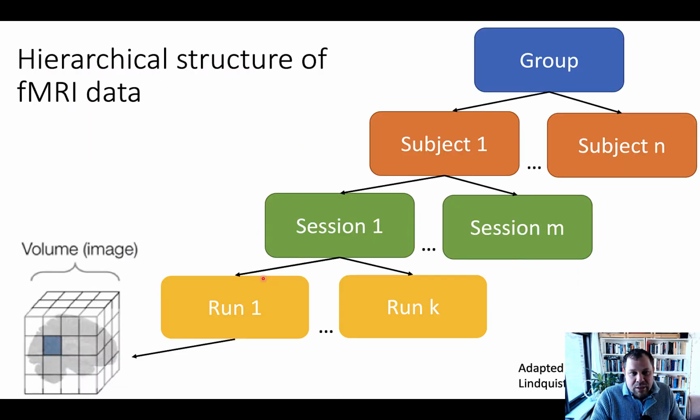Let's reconsider the structure of the fMRI data for a second. So at the basic unit, the data is a voxel, right? So we have a voxel for which we have a time series for the experiment and the changes in the BOLD response throughout the different stages of the experiment. We typically collect multiple runs for an experiment.